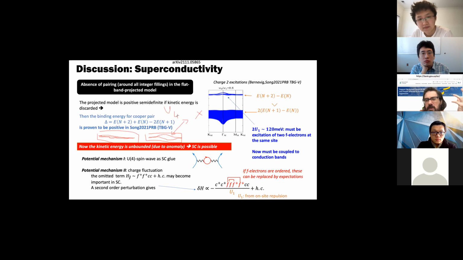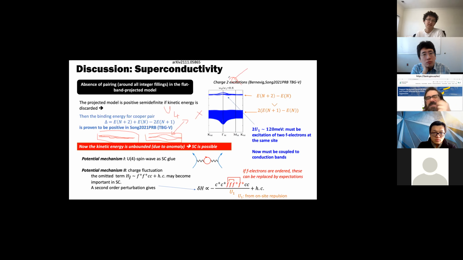And you've got this separation of scales. So in the heavy fermion model, I would know that if I have an order parameter with large on-site amplitude where the heavy fermions are, that's not going to be competitive because there's a huge Hubbard U there.